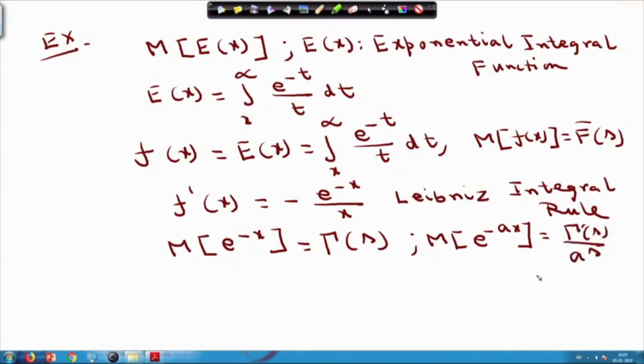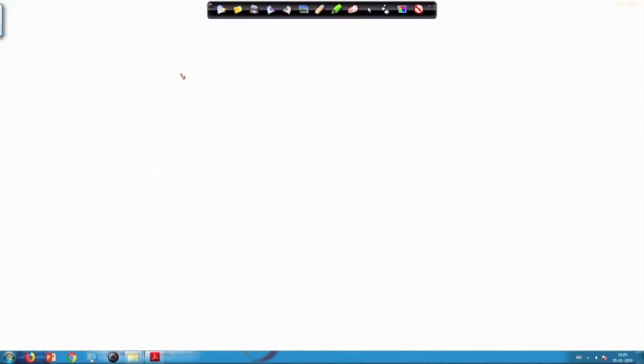From here, the Mellin transform of e power minus x is gamma s.